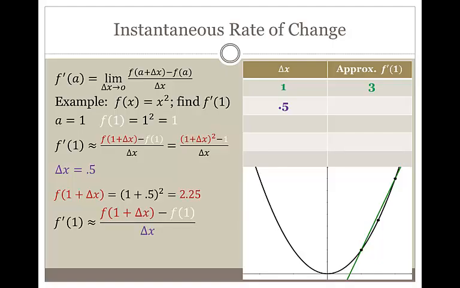Now computing our approximation, f prime of 1 is roughly f of 1 plus delta x minus f of 1, over delta x, which in this case is 2.25 minus 1 over 0.5, which reduces to 2.5. So our new approximation of f prime of 1 is 2.5. Again, we can visualize this on the graph as the slope between these 2 points.